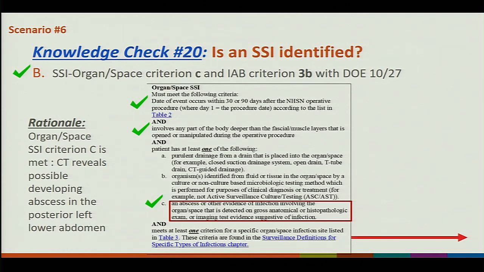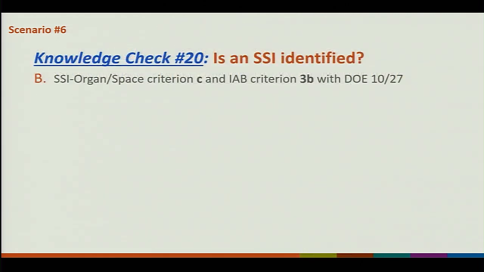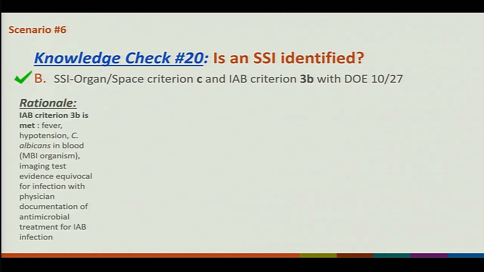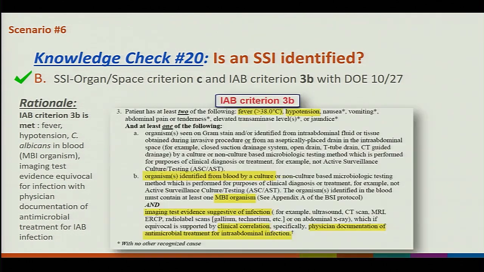Now we move on to site-specific criteria to make sure that we can meet a definition there. And we do. We meet IAB criterion 3B with a date of event of 10/27. The patient is noted to have fever, hypotension. Additionally, they had Candida albicans isolated in their blood, which is an MBI organism, so it's eligible for use.